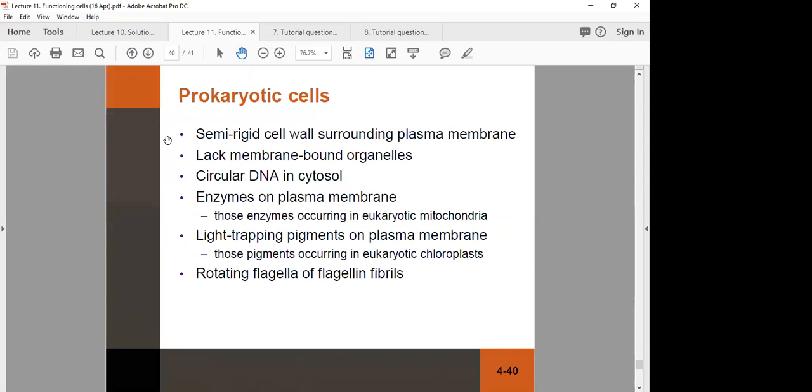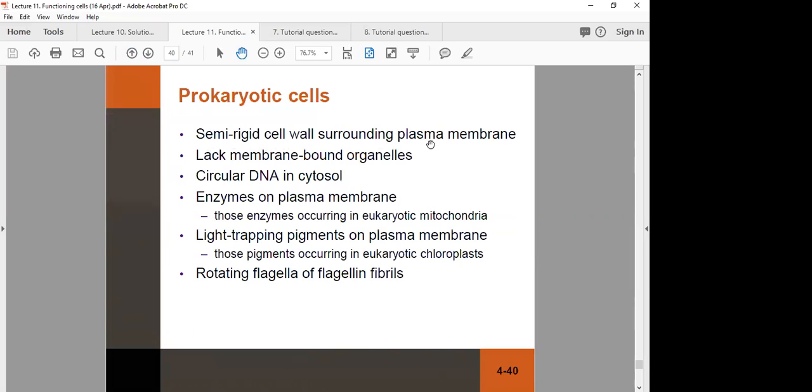All right, finally, we move on to prokaryotic cells. So remember, when we talk about prokaryotic cells, we're referring to bacteria and archaea. Most prokaryotic cells, not all of them, but most of them, are surrounded by a semi-rigid cell wall.